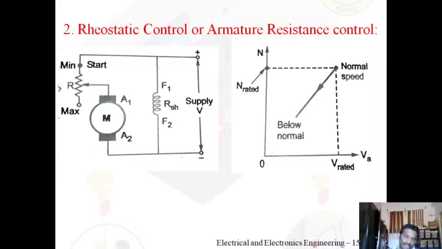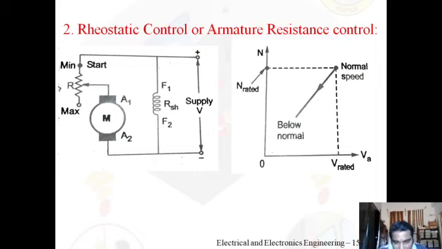The first one is the flux. The second one is the resistance RA. And by varying V, that is the supply voltage, we can vary the speed of a DC shunt motor.